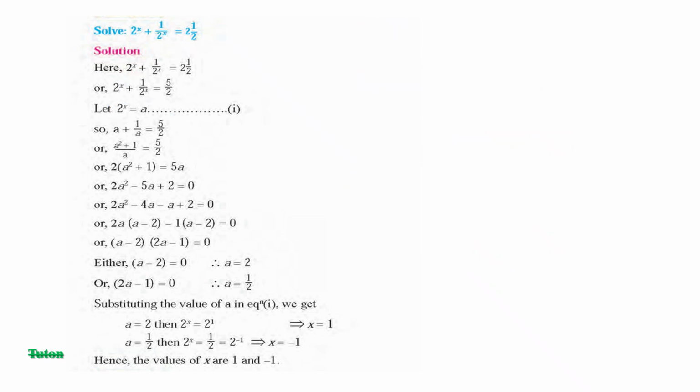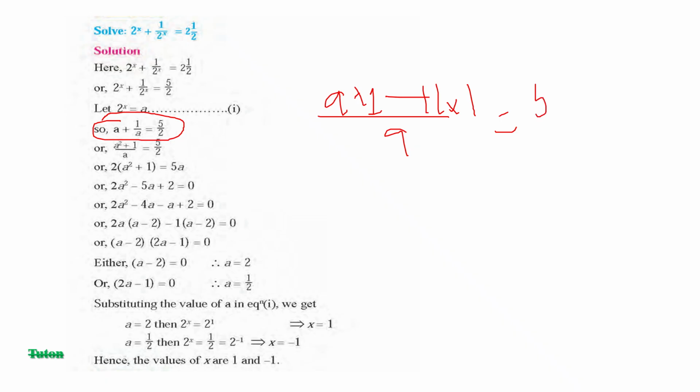After supposing 2 to the power x as a, we get this step, and after that we take an LCM of a in the denominator, and we get a by 1 is a, and a multiplied by 1 plus a divided by a is 1, and 1 multiplied by 1 is equal to 5 by 2.